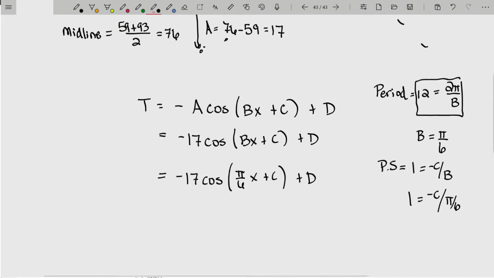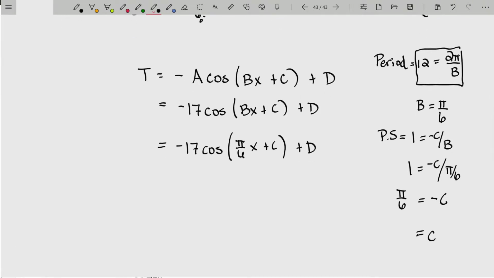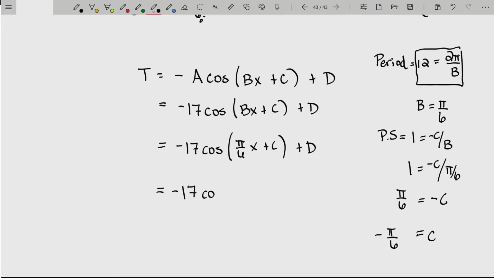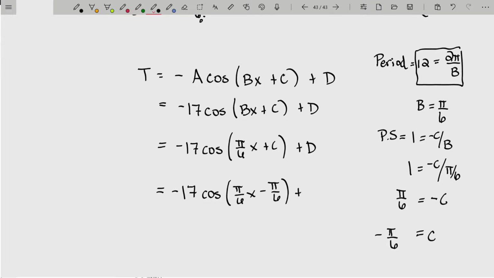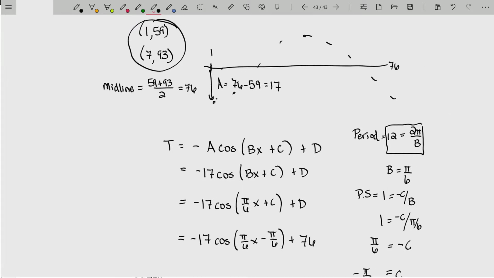I'll multiply both sides by pi over 6, and now multiply both sides by negative 1. And that's what we get, negative pi over 6. So I'm going to insert that in for c, negative 17 cosine of pi over 6 x minus pi over 6. Plus d, and d is where our midline is, which we said was 76.